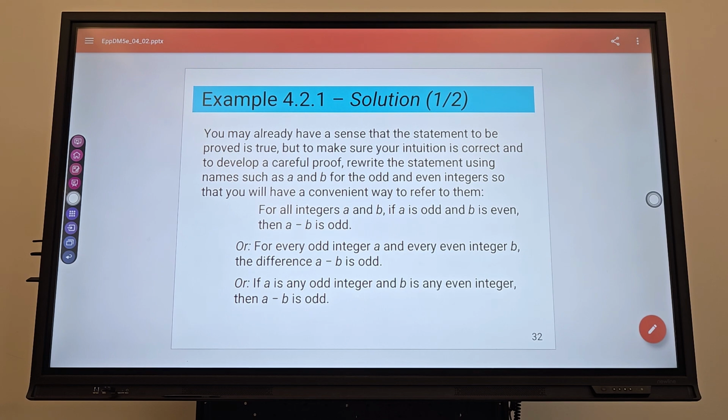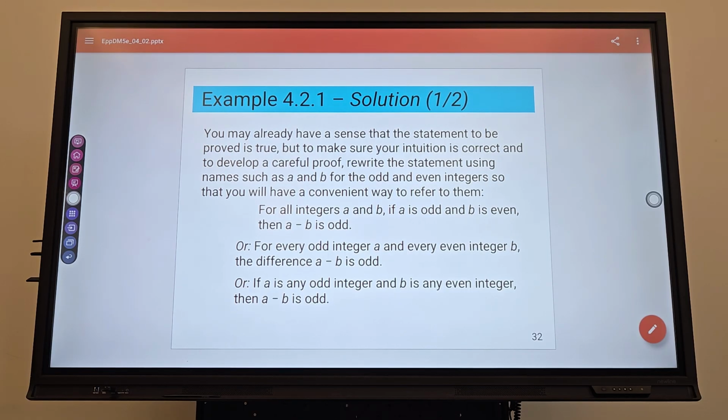You may already have a sense that the statement to be proved is true, but to make sure your intuition is correct and to develop a careful proof, rewrite the statement using names such as a and b for the odd and even integers, so that you will have a convenient way to refer to them.